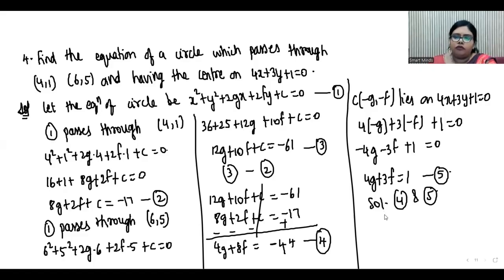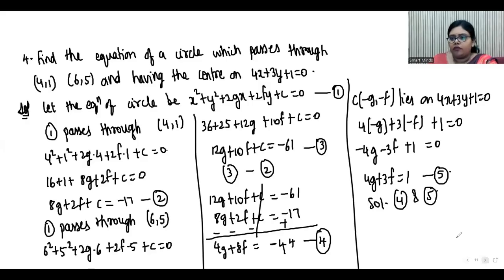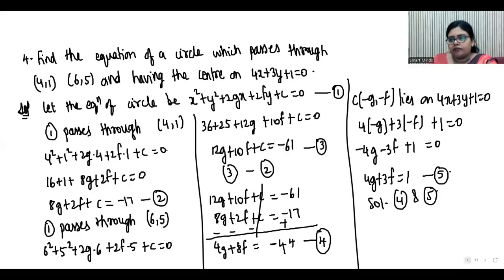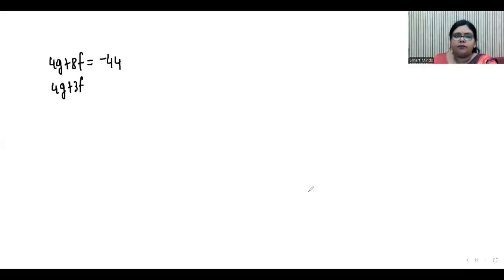So if you solve 4 and 5, what will you get? 4g plus 8f is equal to minus 44. Then 4g plus 3f is equal to 1. Change the signs. 5f is equal to minus 45.